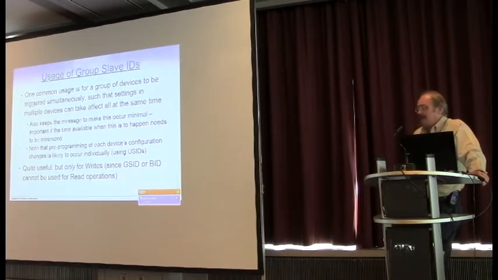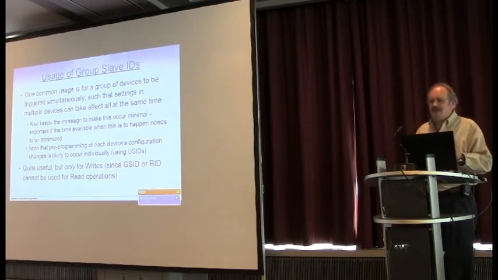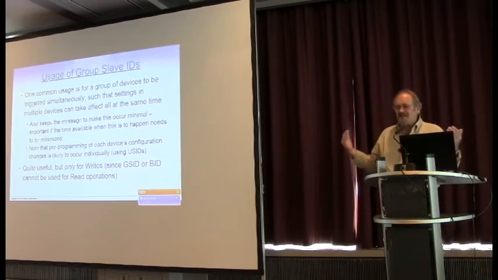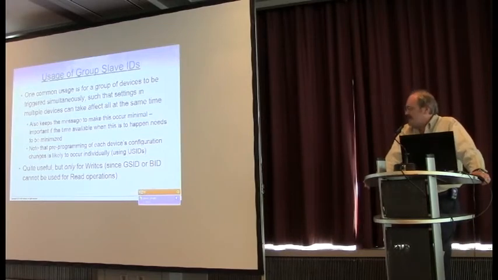It's more than likely that the reconfiguration data is going to go to each of those separately, although the group slave ID could also be used for that. But for that to operate properly, you would have to have configuration tables that matched up completely between devices, more than likely from different manufacturers, and that's not likely to happen. But it is possible.